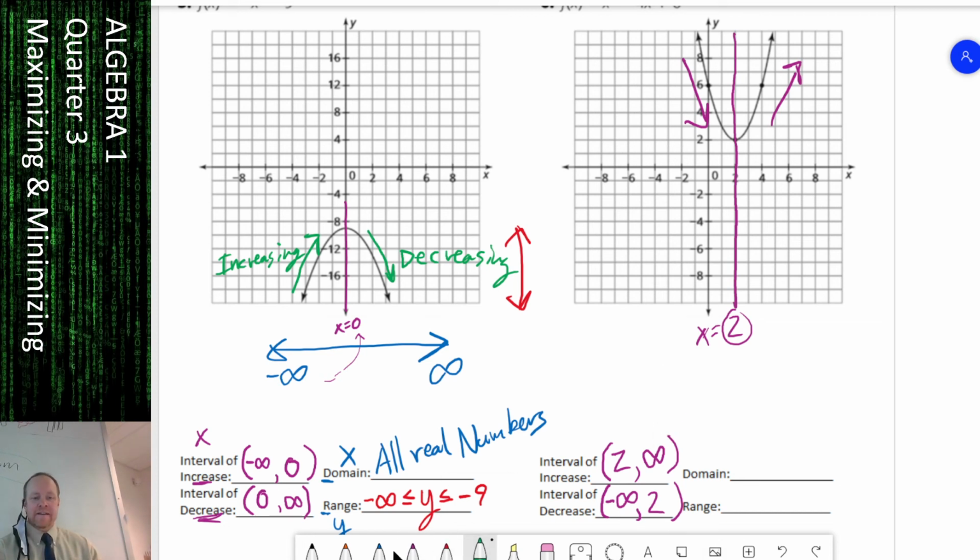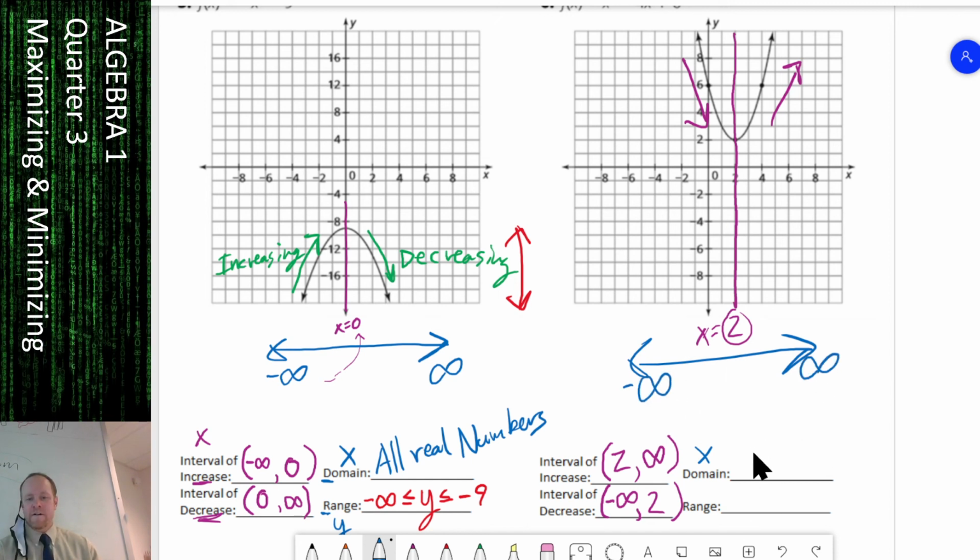The next thing that we found was our domain, our x values. What do you suppose all of your possible x values are for this function? What's your lowest x value? Is that line ever going to stop going to the left? Same exact thing.